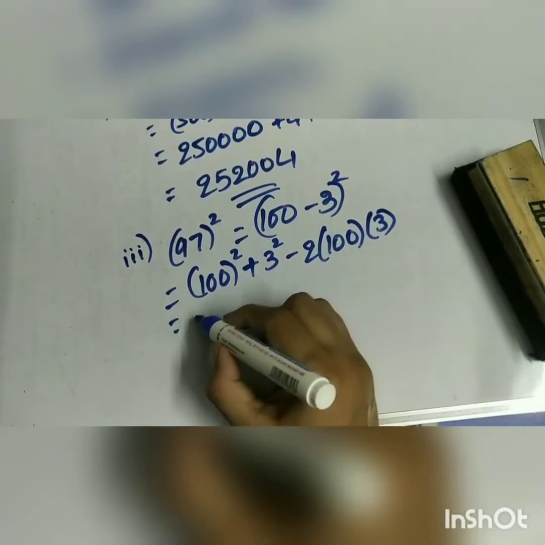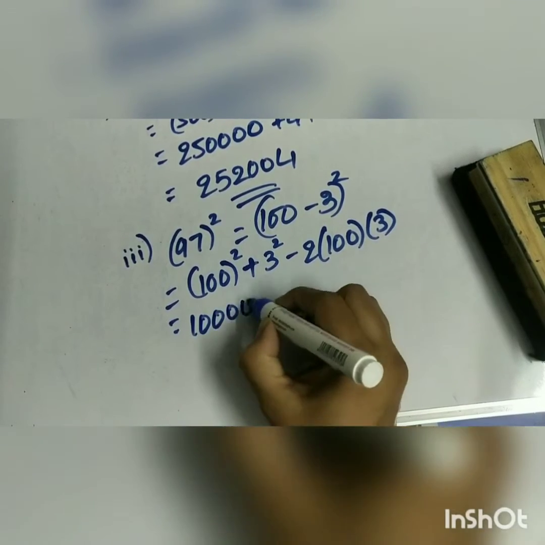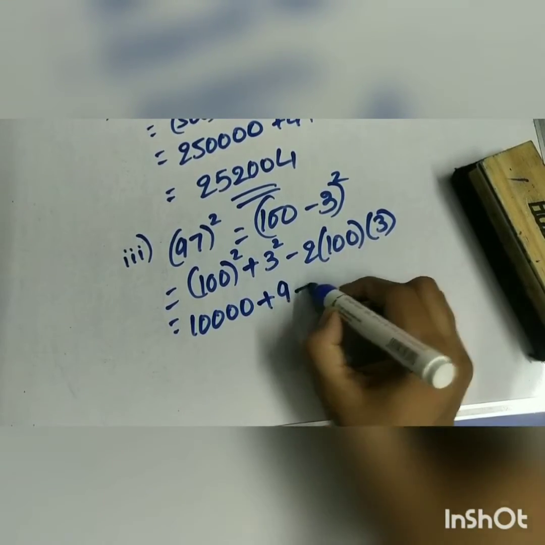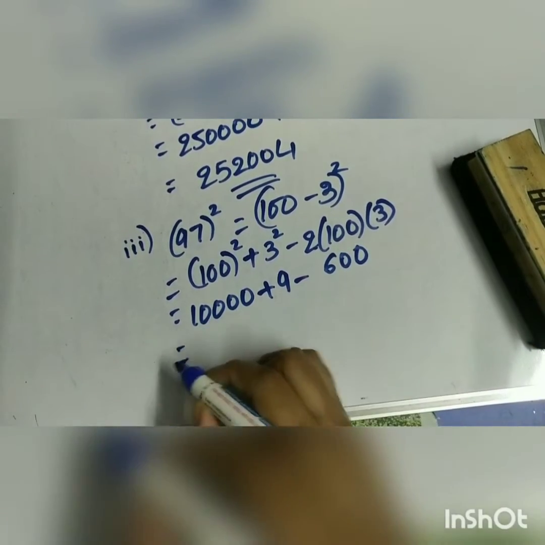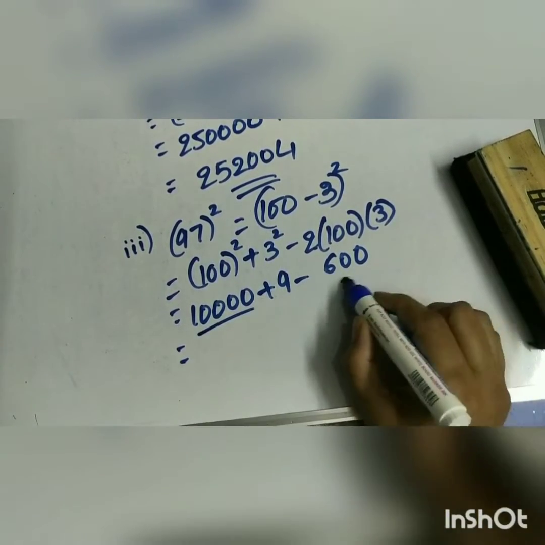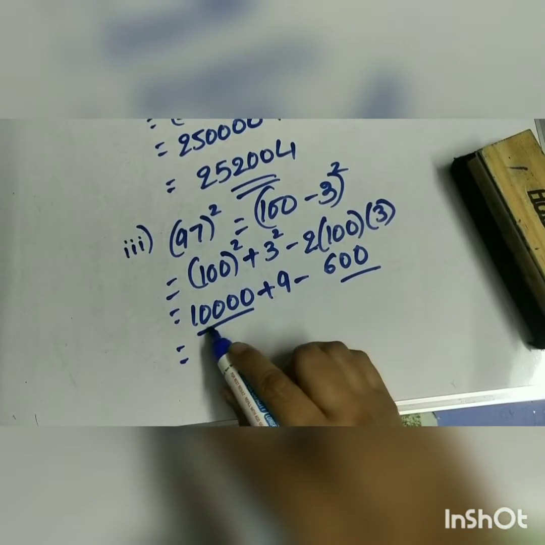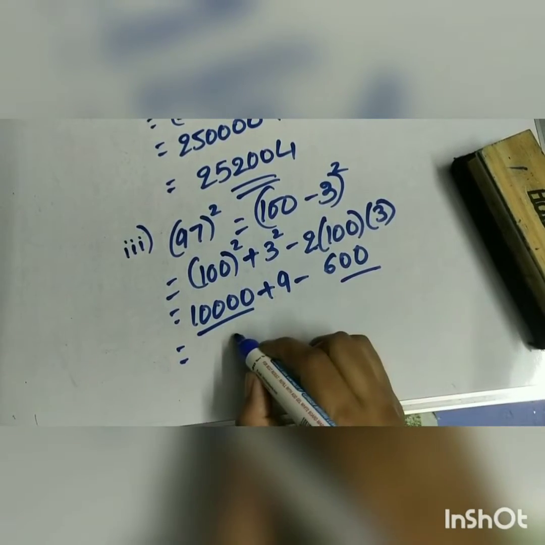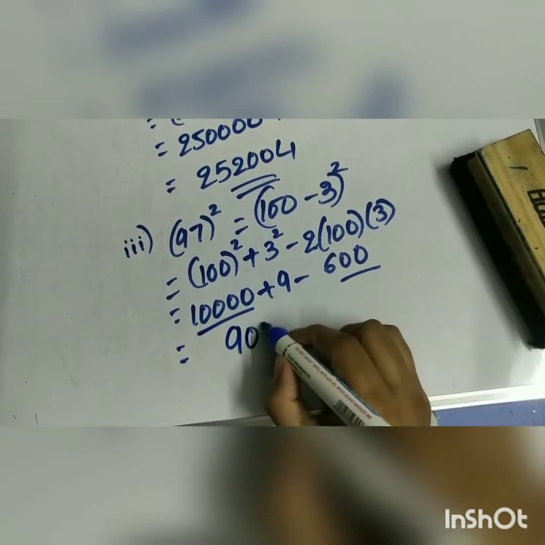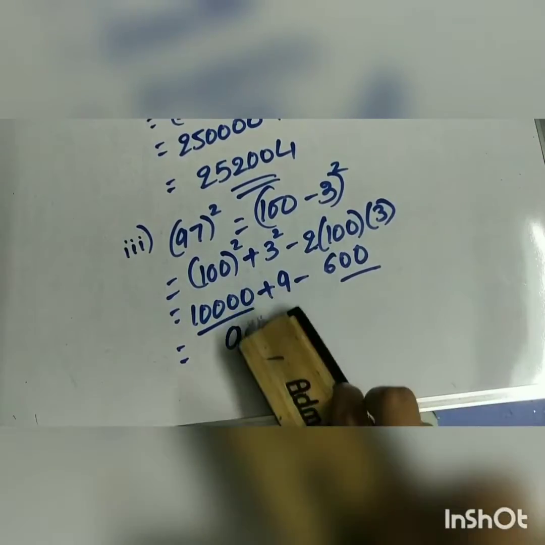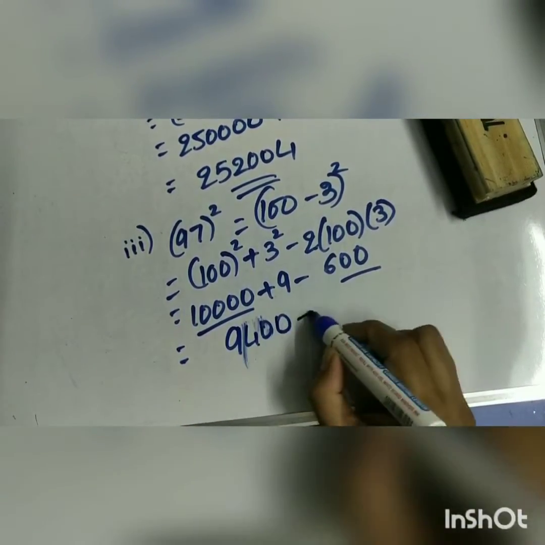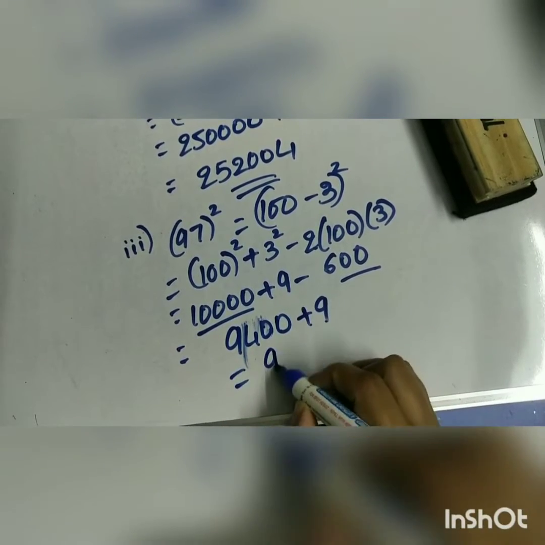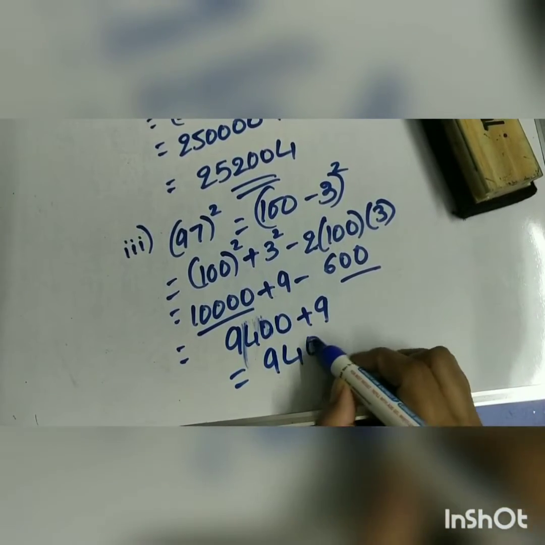So this will become 10,000 plus 9 minus 3 2s are 6, into 100, 600. So what is the answer I get? First we will subtract these two. 10,000 minus 600 will give me 9,400, right? Plus 9, I get the final answer, 9,409.